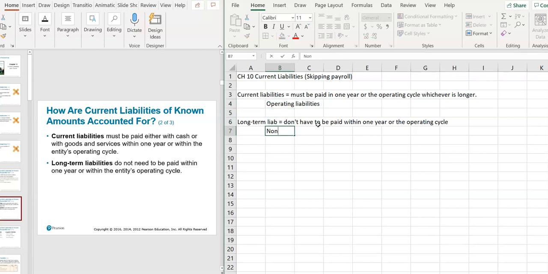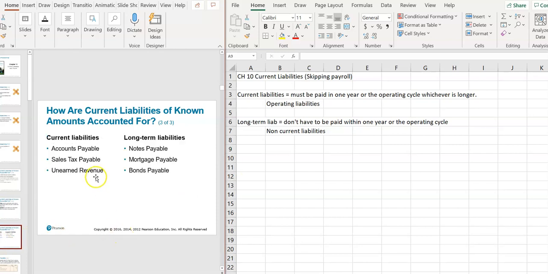Long-term liabilities you might hear referred to as non-current liabilities. Sometimes I hear them called non-operating, but not as often as I hear the other ones called operating. All right. So, different types that you might have.